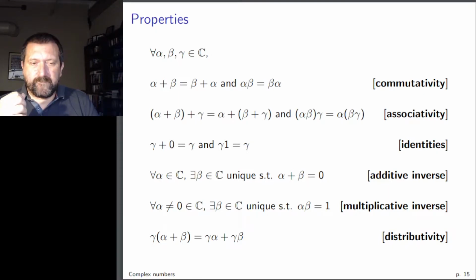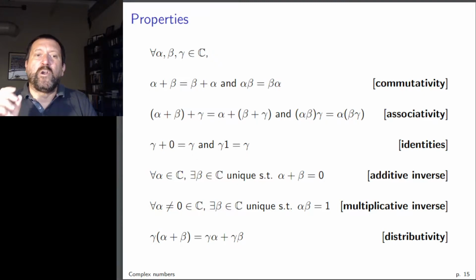Now, given a complex number alpha, there is a unique complex number beta such that alpha plus beta equals 0. Okay, so that's what we call an additive inverse. And there's a multiplicative inverse the same way.